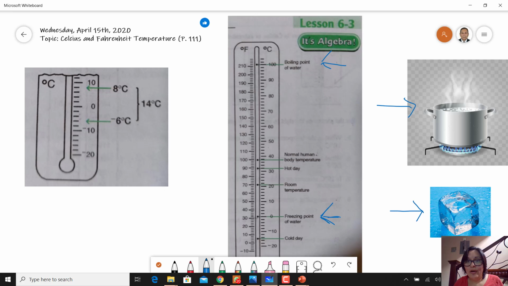When water changes from liquid to a solid, or in other ways, when water becomes frozen. That is the freezing point of water. So in Celsius degrees, what is the freezing point of water? The line is pointing to how many degrees? 0 degrees, 0 Celsius degrees.